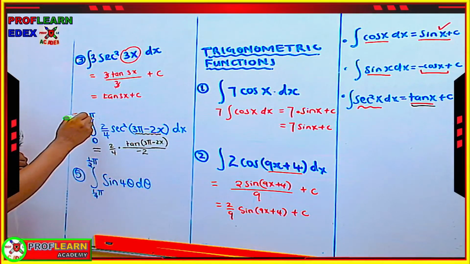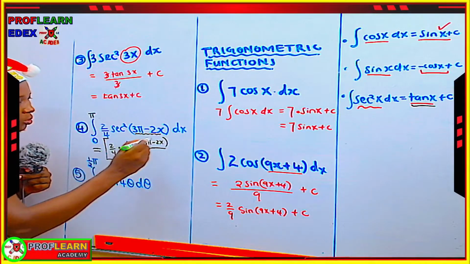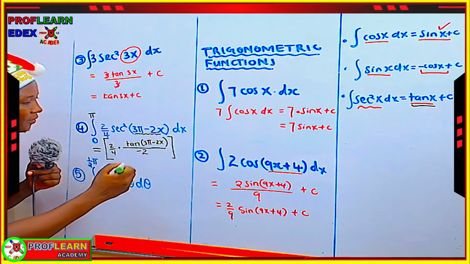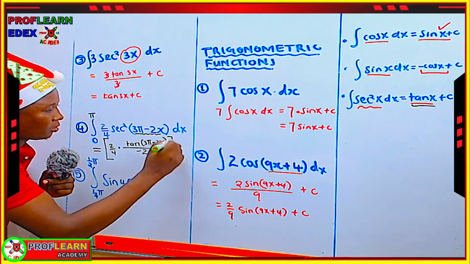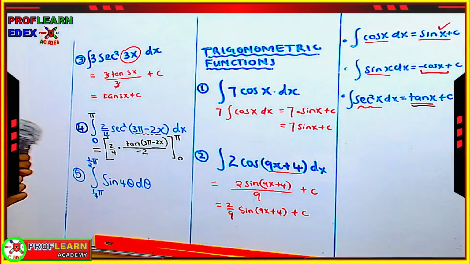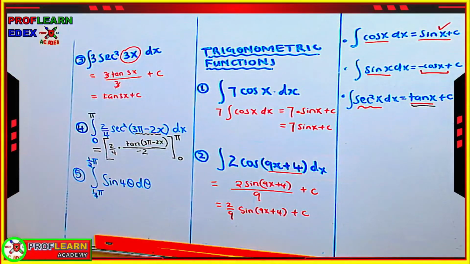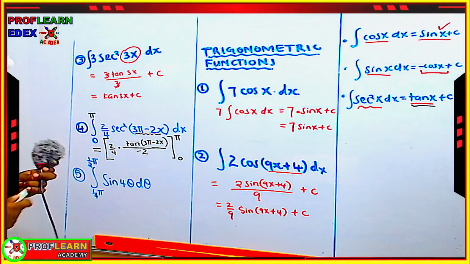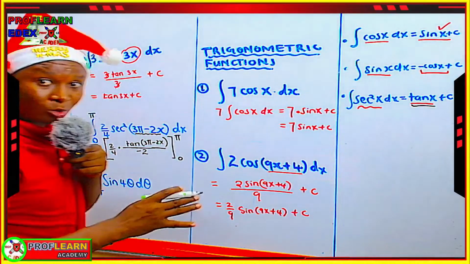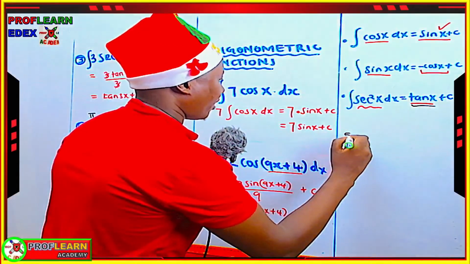But now this is a definite integral. It means we are not going to include that constant there. So we shall say this is from 0 all the way to pi. Once we have identified this, what I need to do is transfer this question here so that we can do it later. This is question number 5.